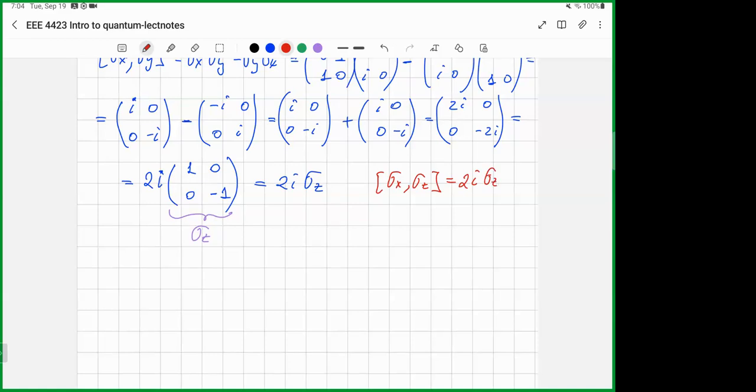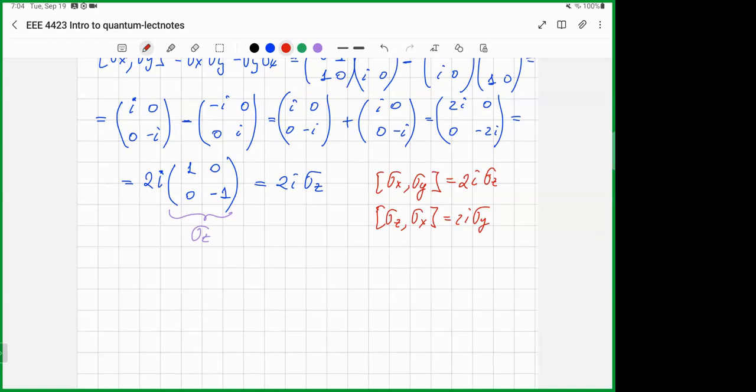Okay, and we can get the other formulas, like for example, sigma z, sigma x, it's equal to 2I sigma y, and so on.